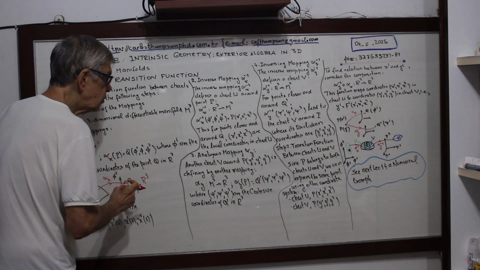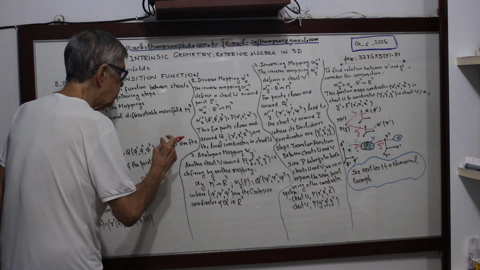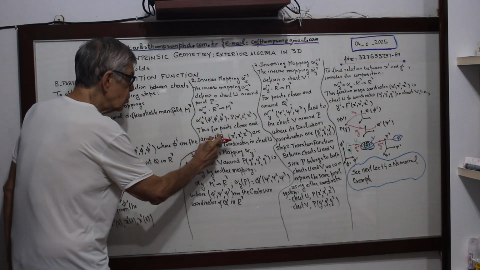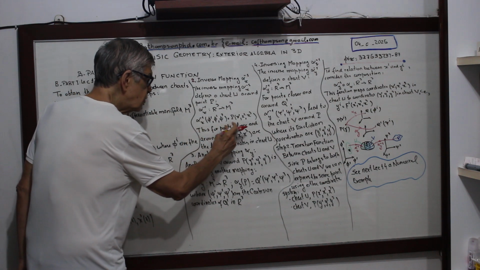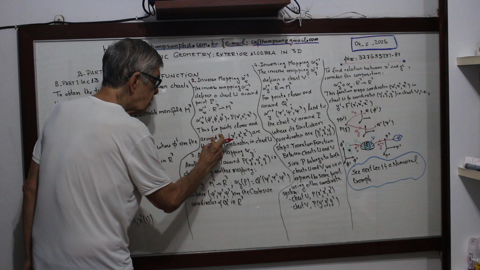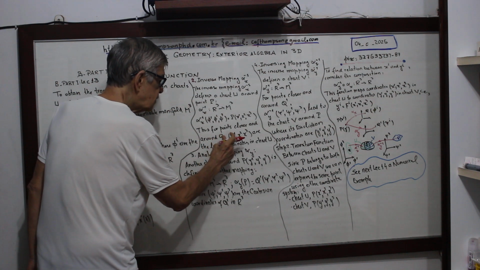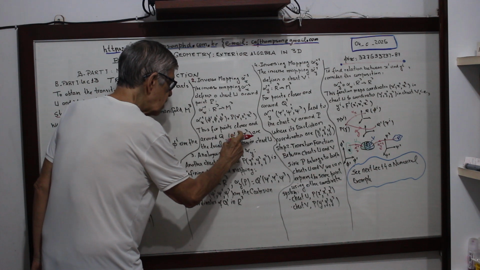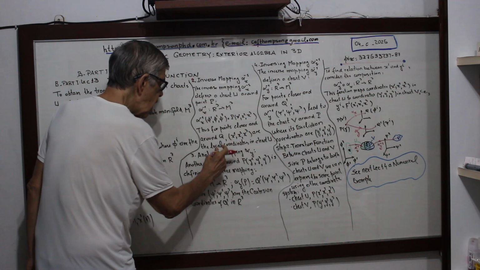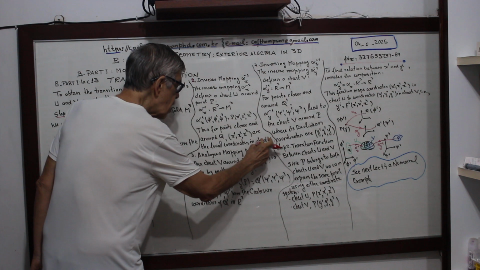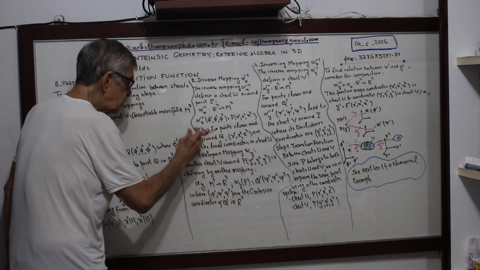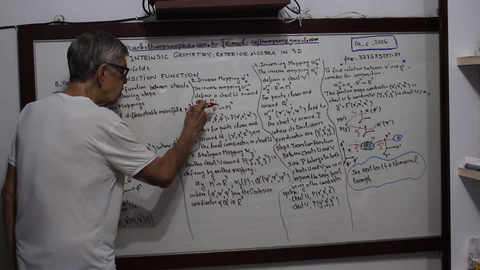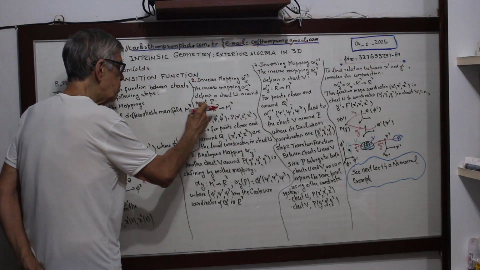But you choose points around Q. For points closer and around Q, these points Q1, x2, x3 are the local coordinates in the chart U. Now you apply the inverse linear mapping.